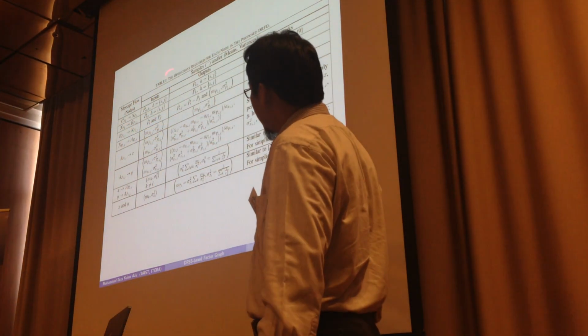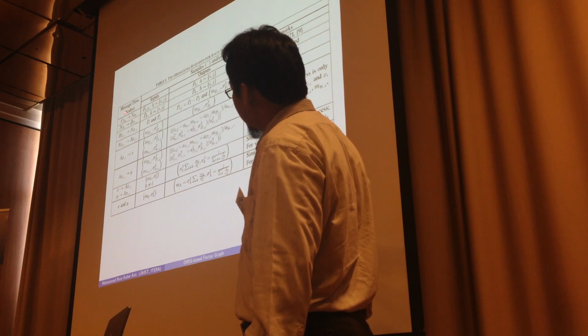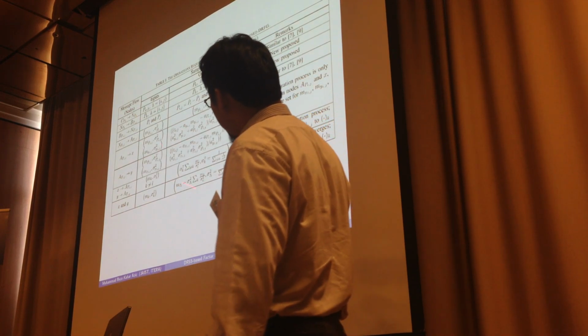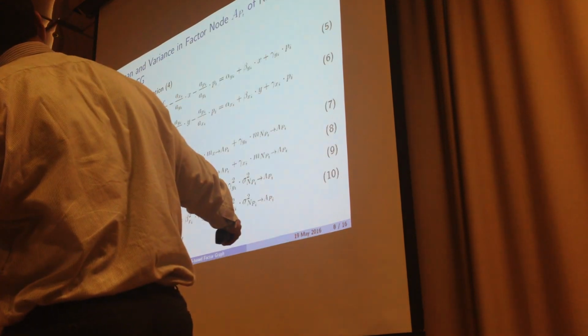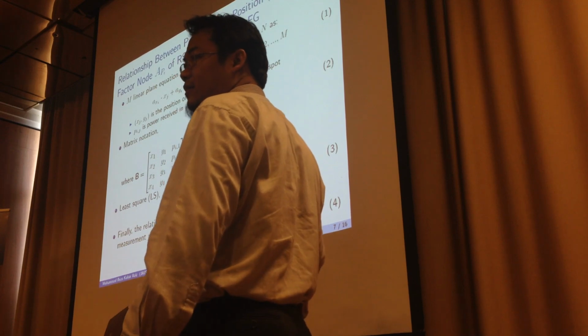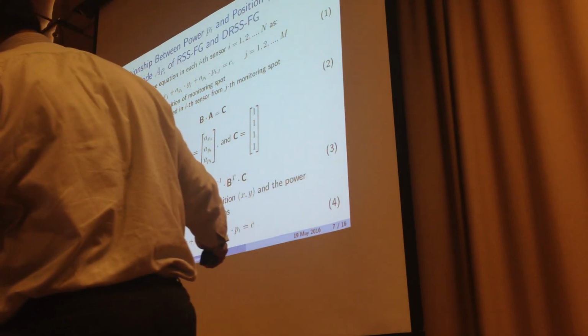This is the summary of what happens in each node. The iteration is between these, because these are nonlinear differential equations, so we need iteration.